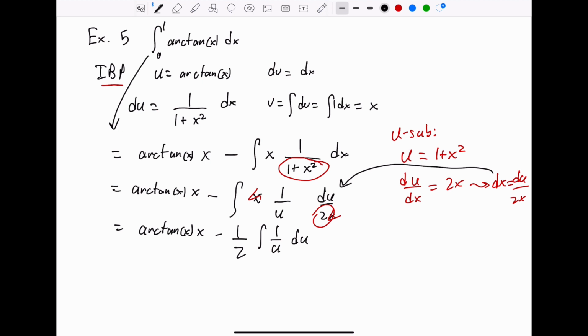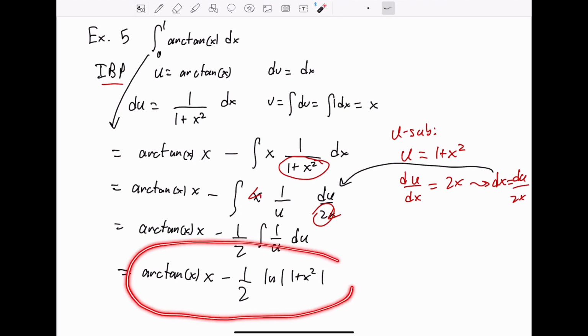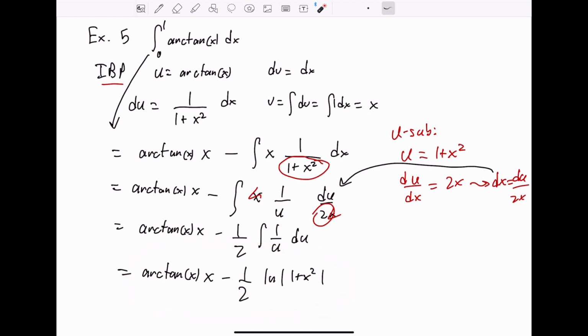The antiderivative of 1 over u is the natural log of u. So we have natural log absolute value of u, and I'll just go ahead and write u as 1 plus x squared. Now this is the antiderivative of arctangent of x. So we have our capital F of x here.